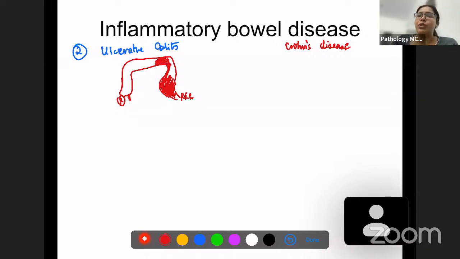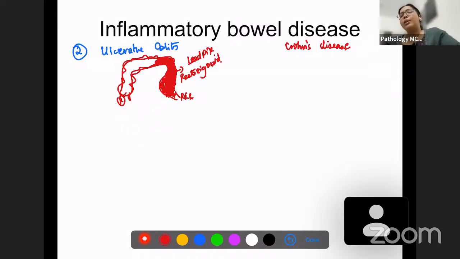Usually in the colon, we can see some haustra, but here the haustra are kind of lost. This will lead to a lead pipe kind of appearance. Involvement is usually in the rectosigmoid region.